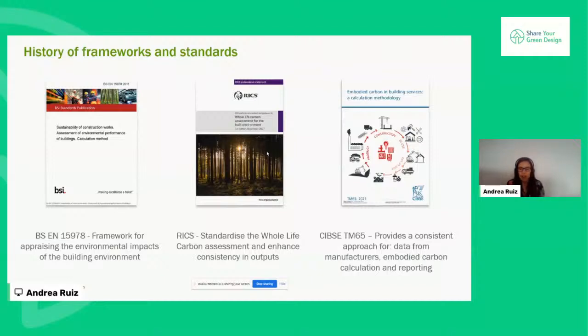Now, there is another document that describes the process in a bit more detail. It helps to coordinate the calculations in a way that makes them standard and a bit more comparable. This is the whole life carbon assessment for the built environment that they issued in 2017.